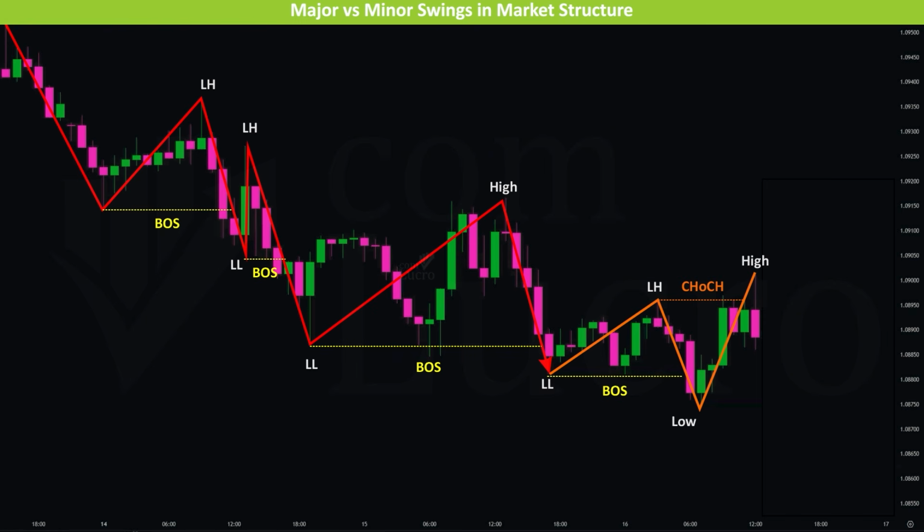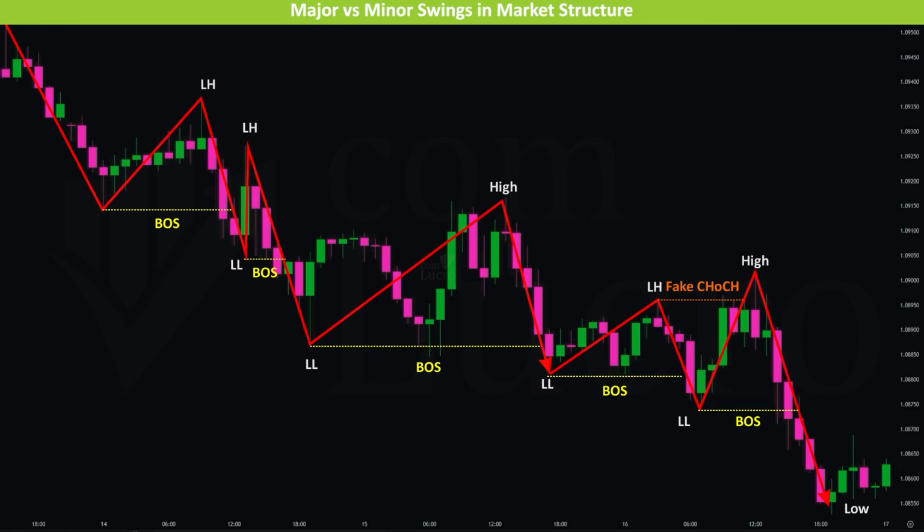Another factor that strengthens the validity of a change of character is when the move is strong enough to break through the last 2 swings, not just one. If this does not happen, as in this case, the change of character is classified as a fake change of character. This was the first criterion for defining a major swing, the origin of a break of structure.